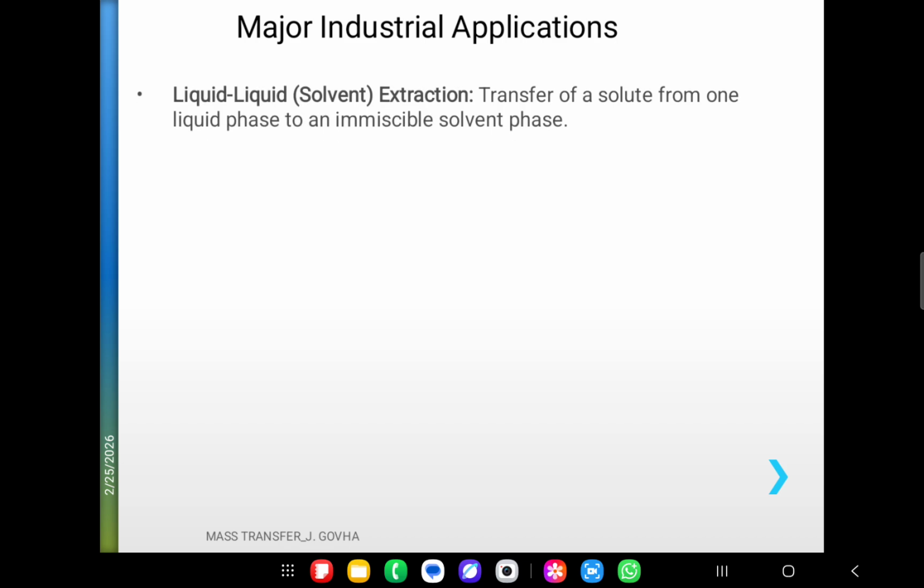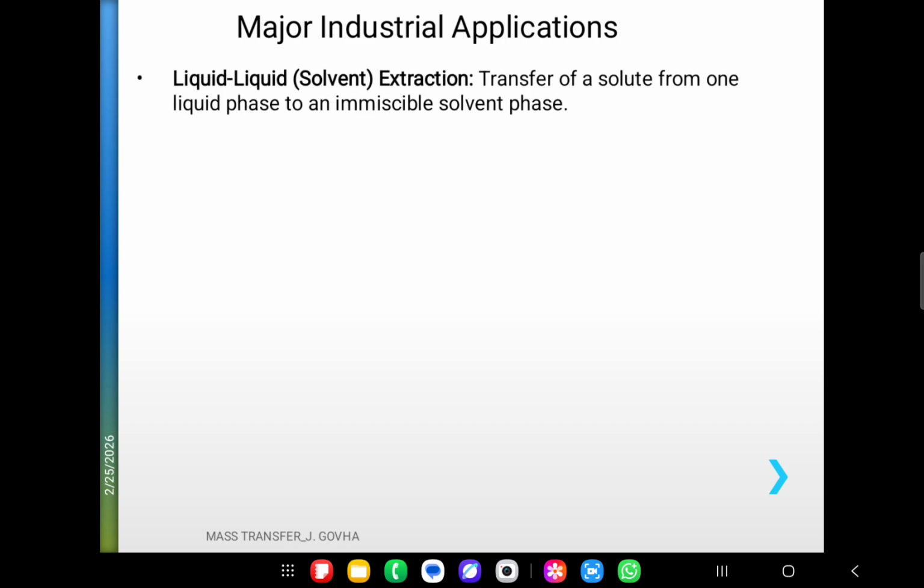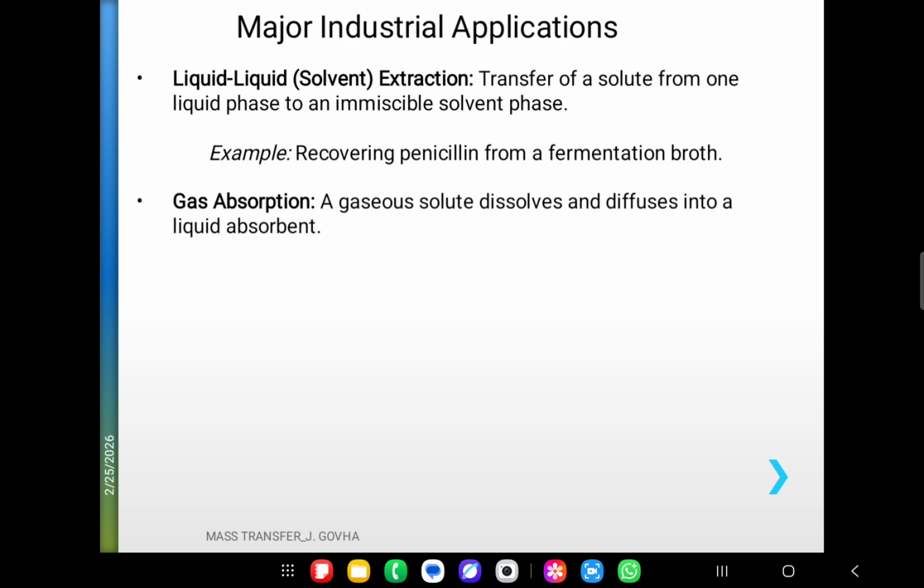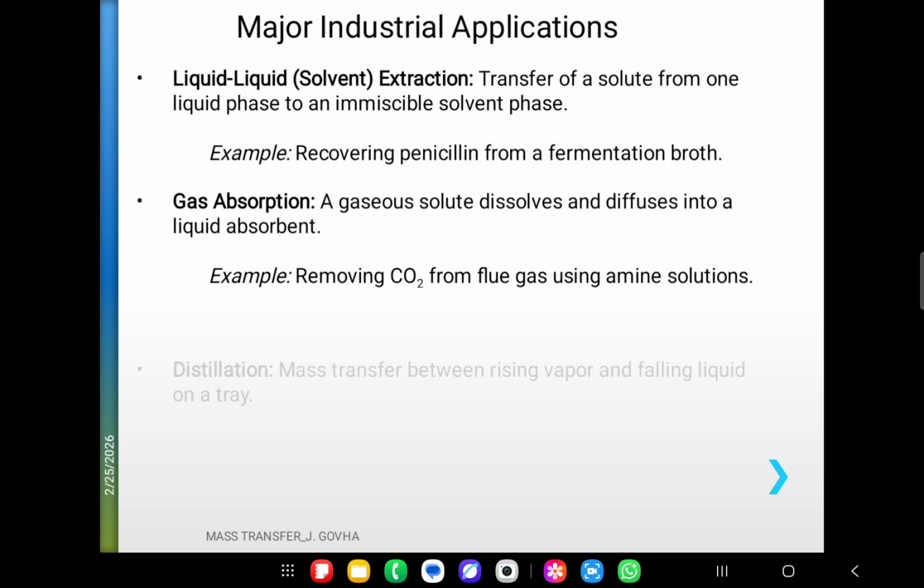So major industrial applications: liquid extraction, and a good example is the recovery of penicillin from a fermentation broth. Then gas absorption, where a gaseous solid dissolves and diffuses into a liquid adsorbent, and a typical example is CO2 removal from flue gas, making use of amine solutions.